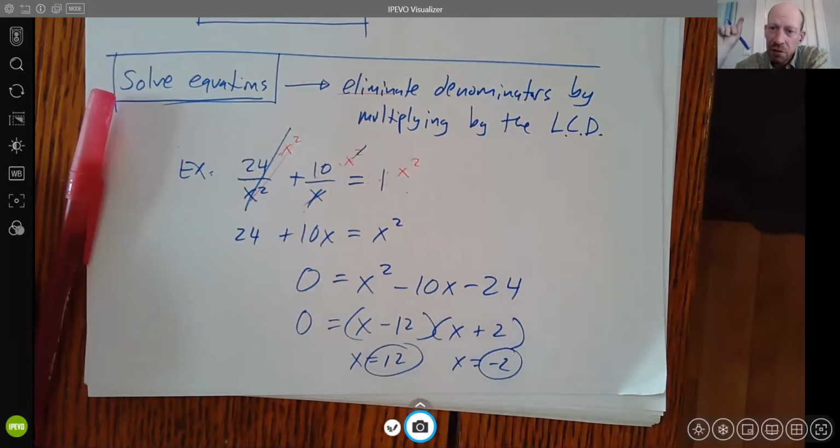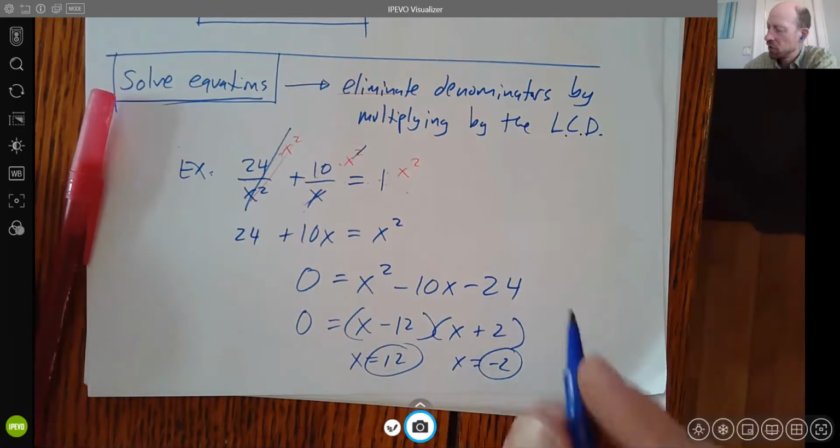The only kind of unusual thing about this is that you could do all the work correct, but you could still get answers that don't work in the original problem. So when we do these problems, we have to go back to the original problem and check our answers.